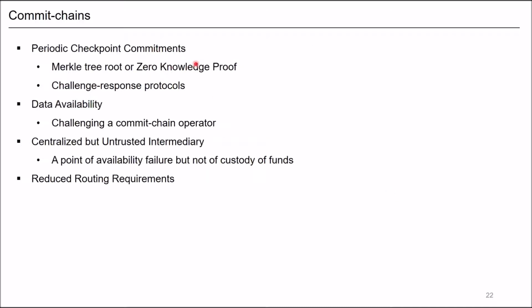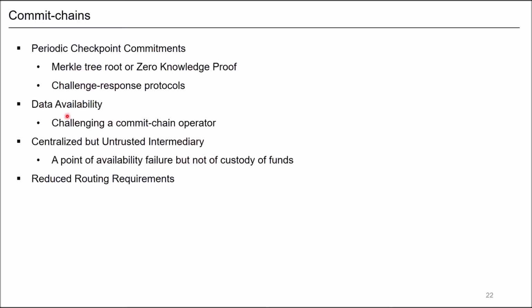Commit chain users may need to periodically return online to observe the on-chain checkpoint commitment, which can be instantiated as a Merkle root or a zero-knowledge proof. Merkle-root commitments do not self-impose valid state transitions and therefore require users to participate in challenge-response protocols if a commitment is invalid.